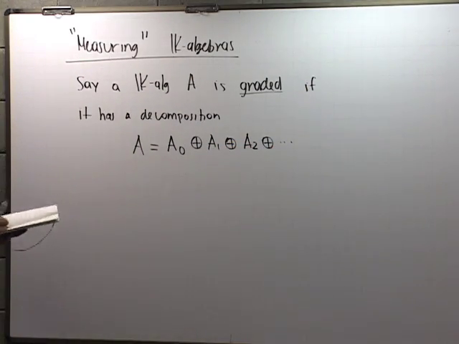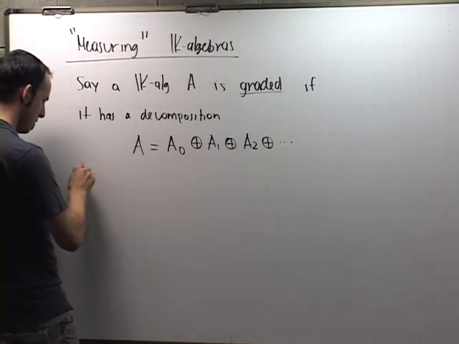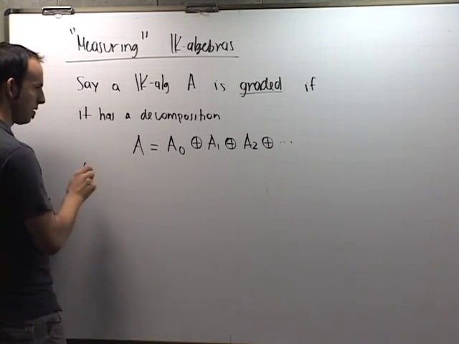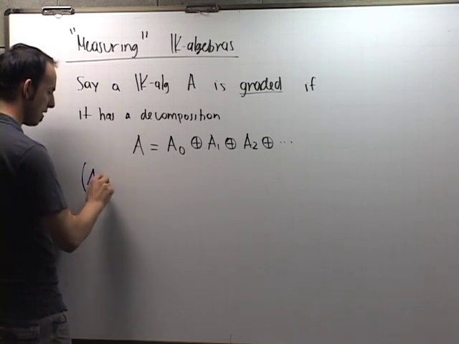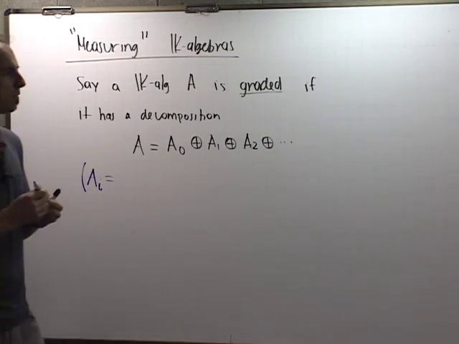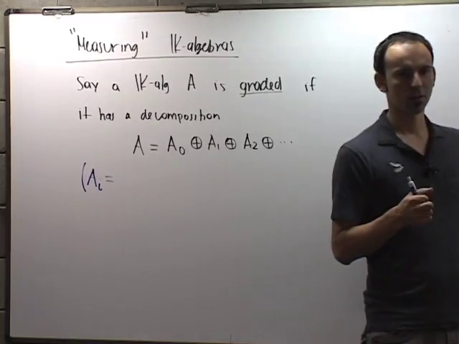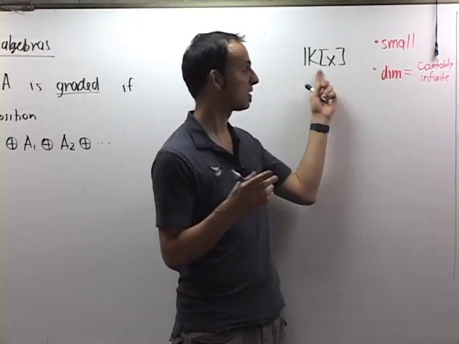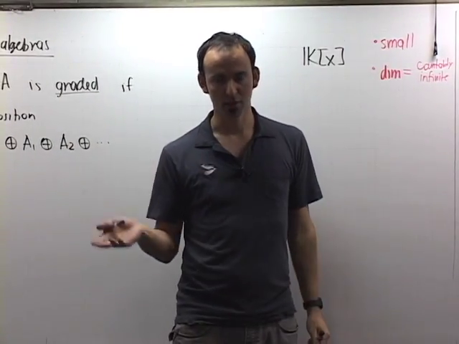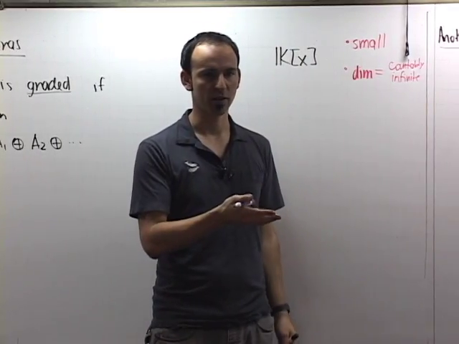And what we're thinking in the back of our minds here is, what is Ai? In this case, the polynomial ring is, as a vector space, the constants plus the multiples of x plus the multiples of x squared and so on.